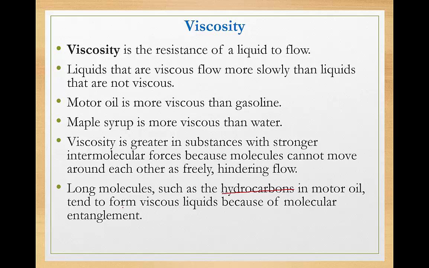Those tend to form viscous liquids because what happens is those long molecules, those long arrangements of carbon atoms, when you get several of those together, they start to tangle themselves up. Okay?